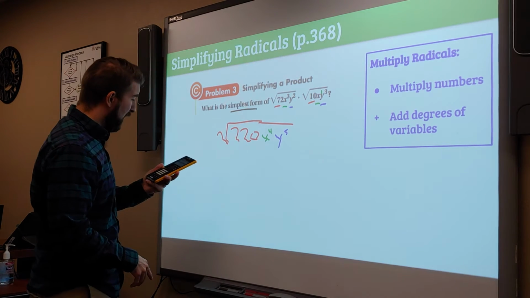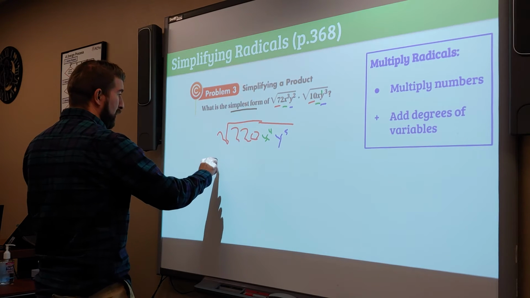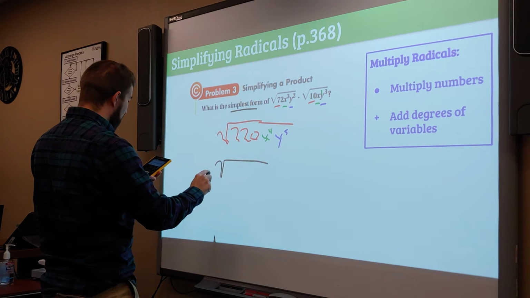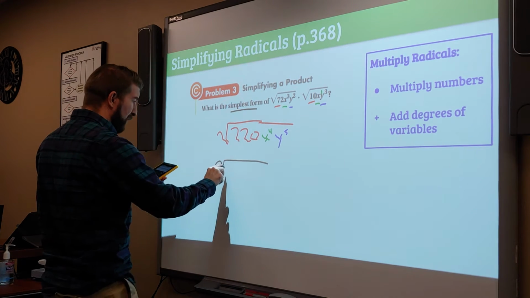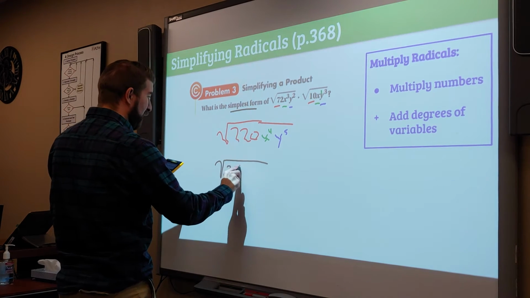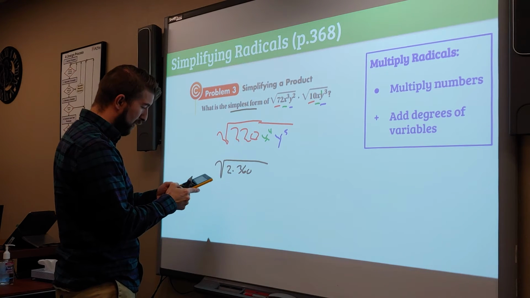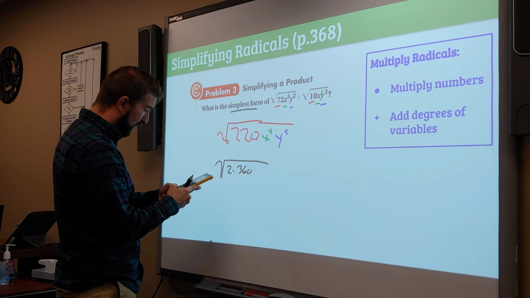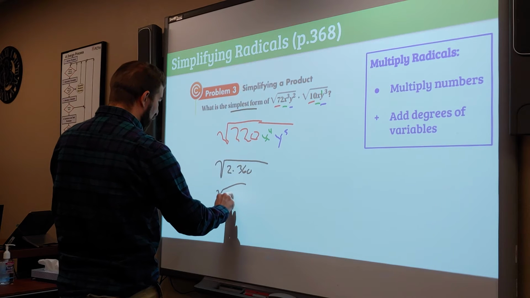And so I see that 720 can also be divided by 2. That gives me 360. And I'm going to go ahead and divide 360 by 2. That gives me 180.